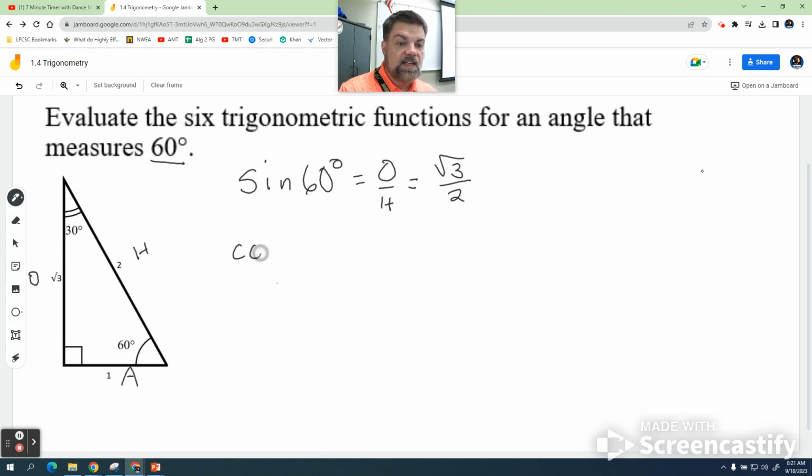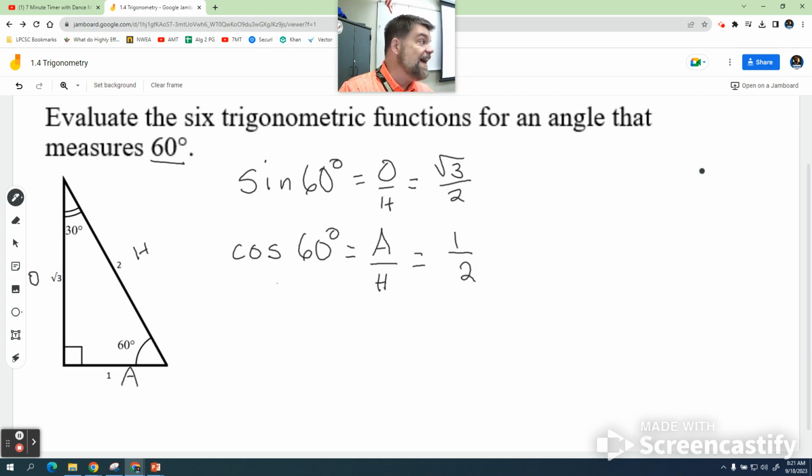So cosine of 60 degrees is equal to the adjacent over the hypotenuse, and the adjacent is just 1 over 2. Now that one's easy. I don't need a calculator. Did you guys get 0.5 when you plug that in the calculator? You should have.